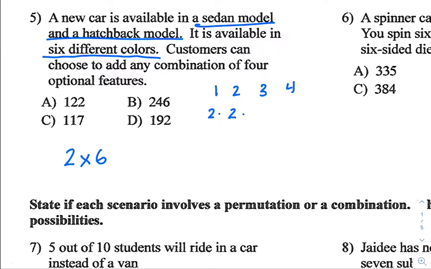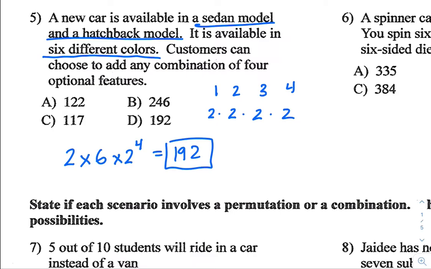You can say yes or no to option 3, which is 2 options, and yes or no to option 4, which is also 2 options. So you're going to be multiplying by 2 to the 4th, because for each option you can say yes or no, which means there are 2 outcomes for each option. So multiply all those together, and you should have gotten 192.